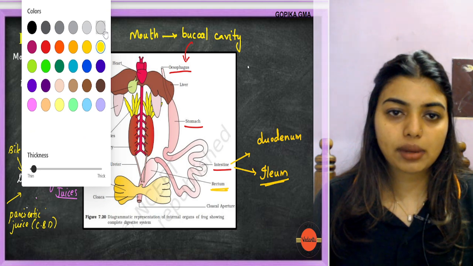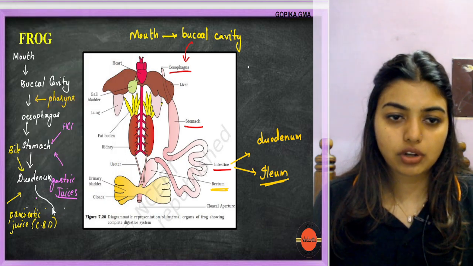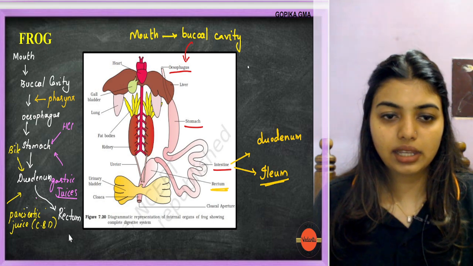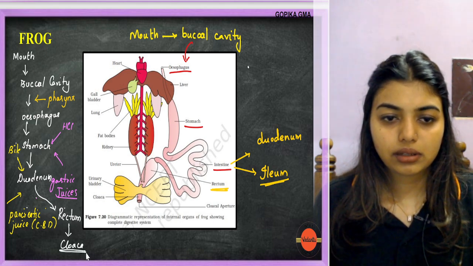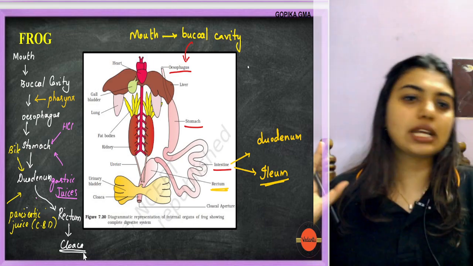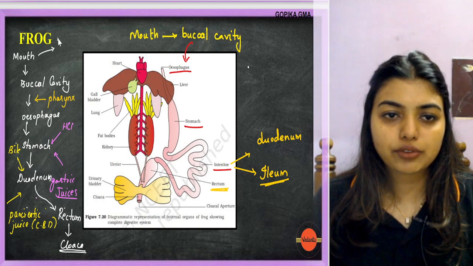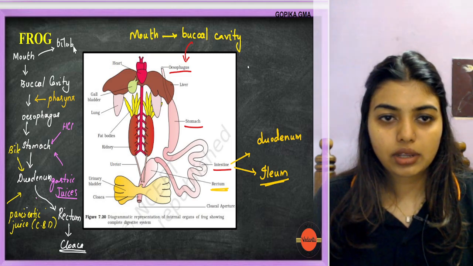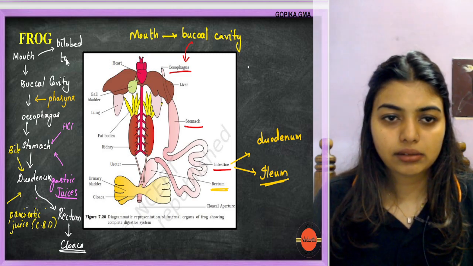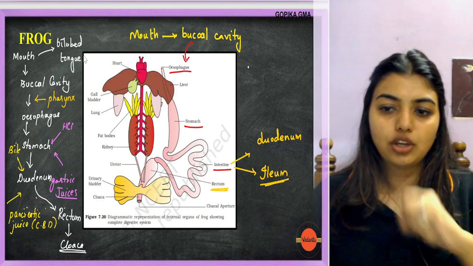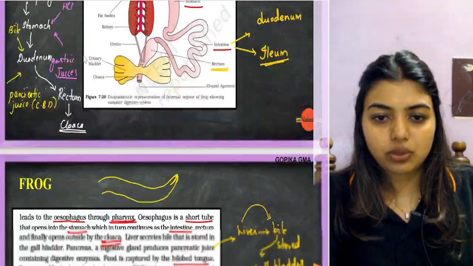Now from the duodenum, it is going to go into the rectum, and from the rectum it is going to open into the cloaca. Got it? This is the common opening. That's all, the digestive system. So easy. Now near the mouth, you have to remember the bilobed tongue. This bilobed tongue is the one that is going to help in capturing the food. Clear?